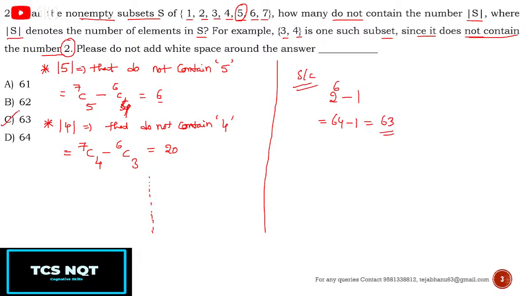The answer is 63. We can form that many subsets. Without 2, we can form 63 subsets from 1, 3, 4, 5, 6, 7.